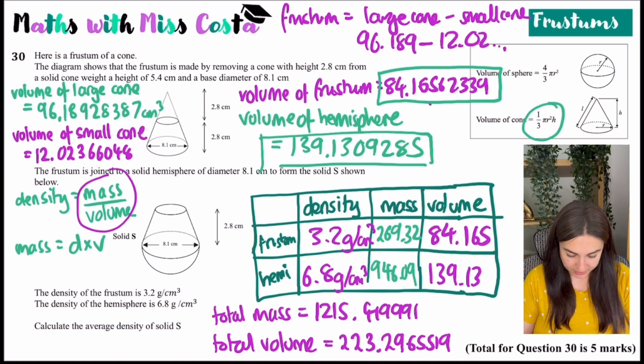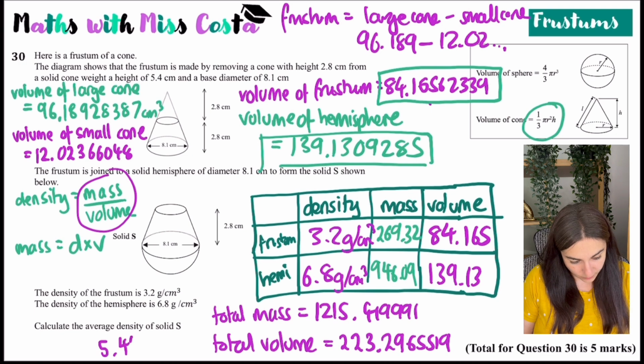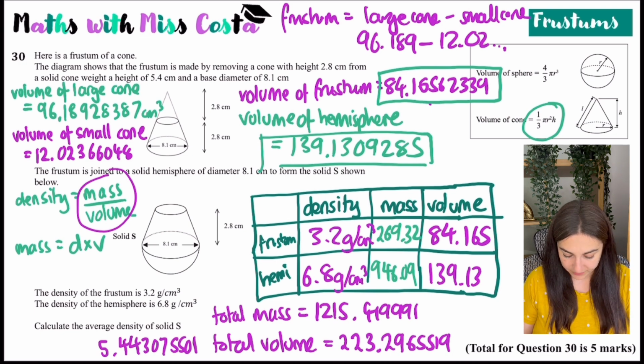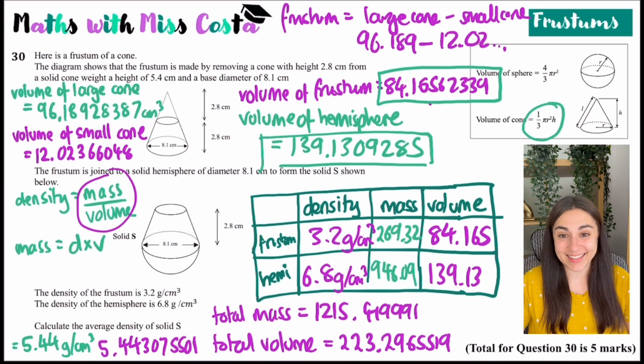So I'm just going to do 1215.419991 divided by answer equals 5.4430755501. They haven't said what they want it to, but normally it's three significant figures. So we could say the density equals 5.44 grams per centimetre cubed. And there we go.